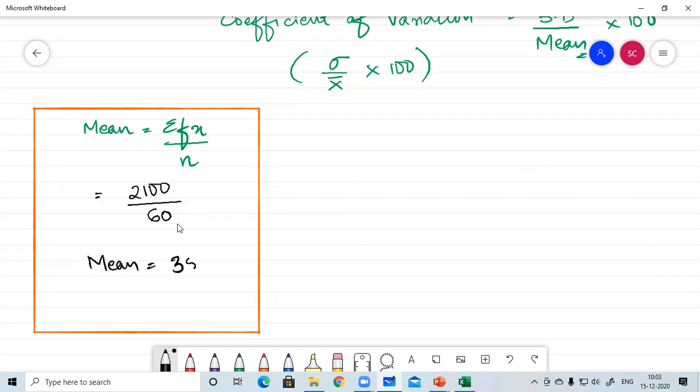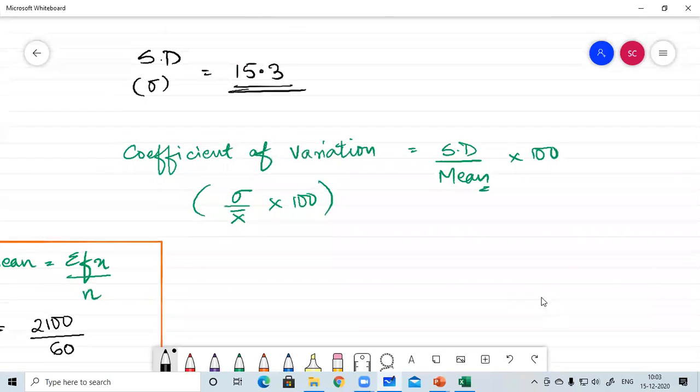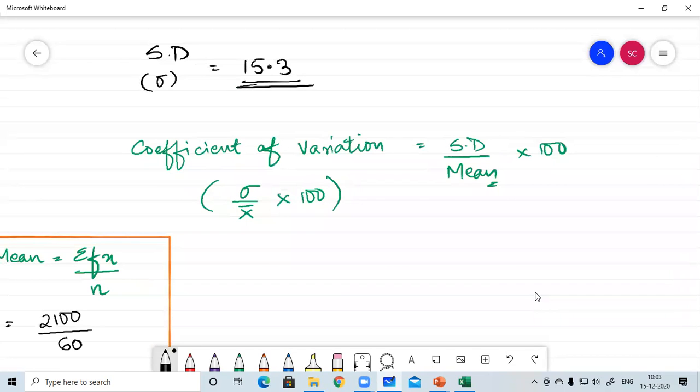Correct, 35. So now you have your coefficient of variation. SD we found out already, which is 15.3 divided by mean, we got it as 35 into 100.